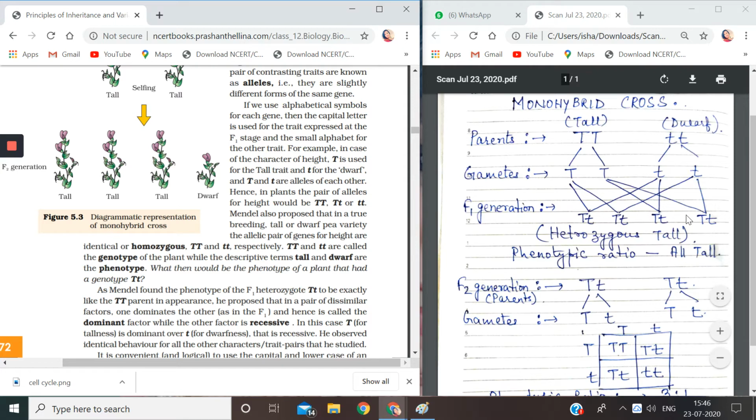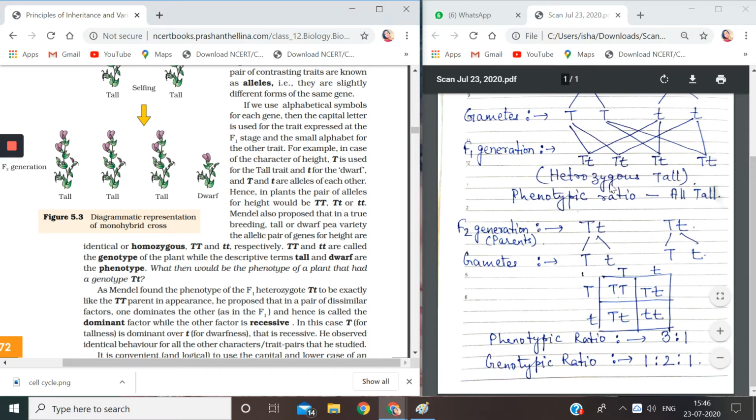So though they are tall, they are heterozygous tall. What will be the phenotype? The phenotype is all are tall. Phenotype means the result that we are getting. So what is the phenotype of the F1 generation? All will be tall, though all are heterozygous.